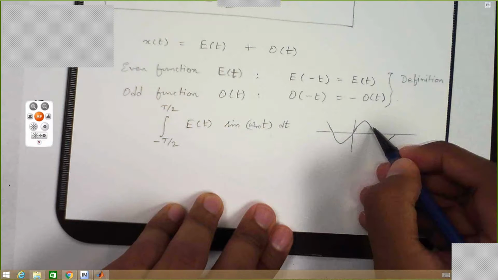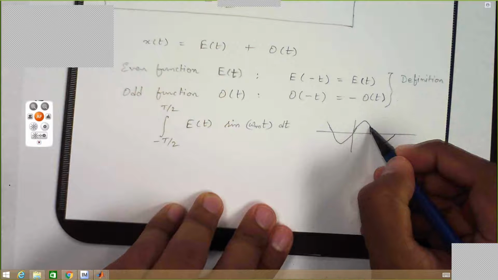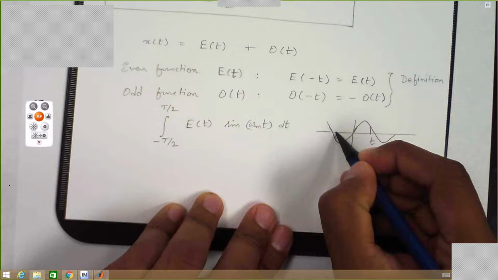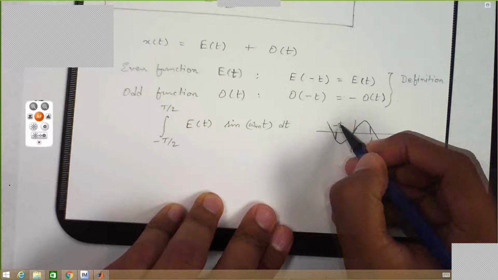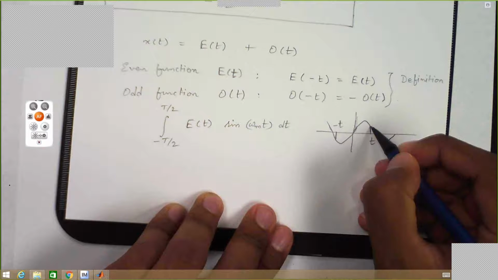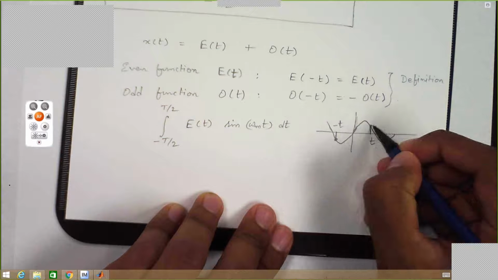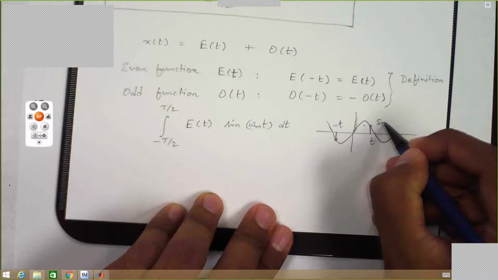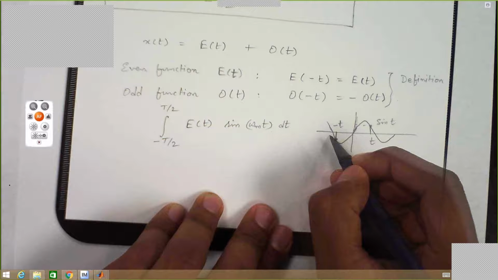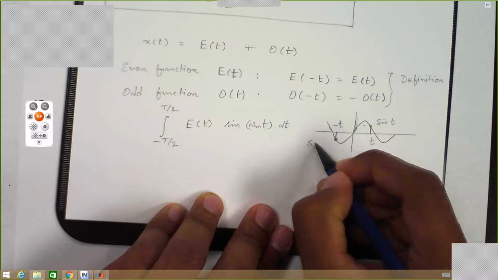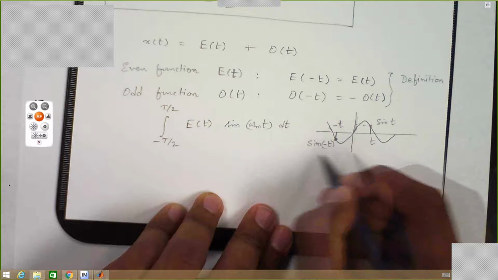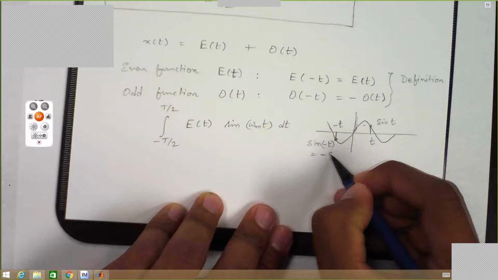If I take some value t here and minus t here, the value here is sine of t and the value here is sine of minus t, which is nothing but minus sine t.